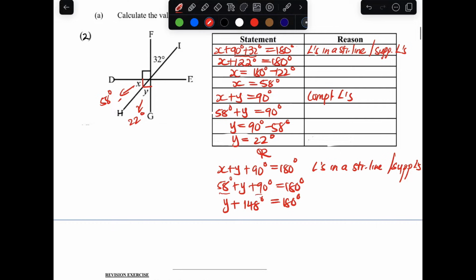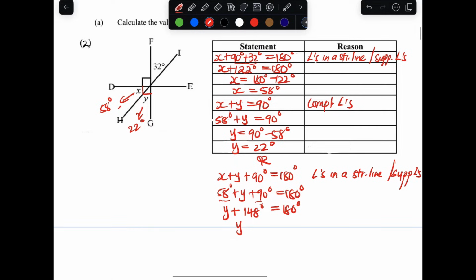So we can simply say y is equal to 180 minus 148 degrees, it's going to be 22. That's an alternative to get it.